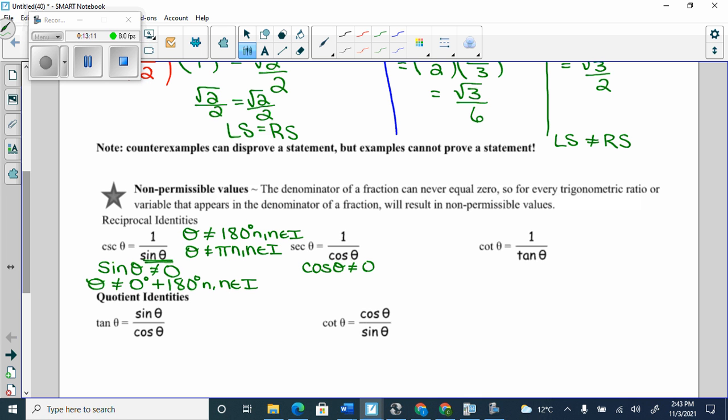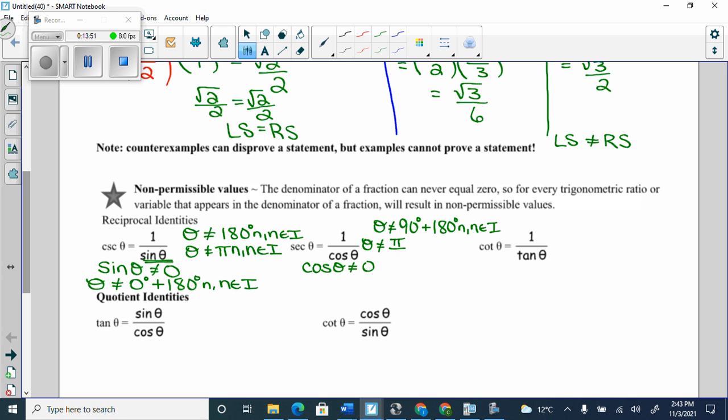So our first one would be theta equals 90 degrees plus 180 degrees N, N an integer, or in radians, theta cannot equal, what's 90 in radians?